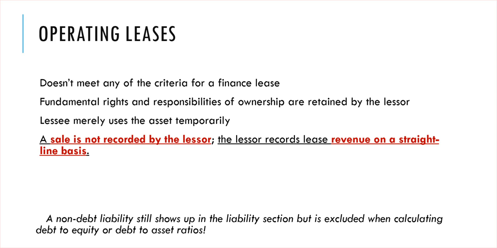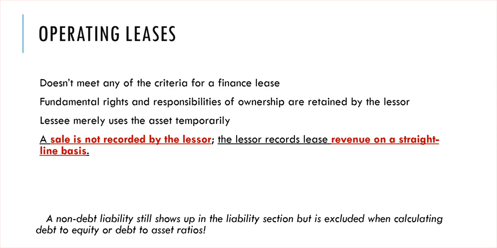And then residual value. It sounds harder than it is. Technically, a BPO or a residual value that is guaranteed is handled exactly the same way. The only difference being a little bit of a difference in the journal entry. The calculations are all the same.